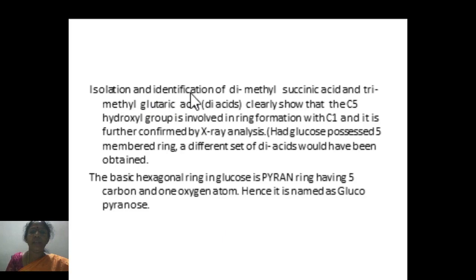Isolation and identification of these two products, dimethoxysuccinic acid and trimethoxyglutaric acid, clearly shows that it is the hydroxyl group of the 5th carbon atom C5 that is involved in the ring formation with C1, and it is further confirmed by X-ray analysis.